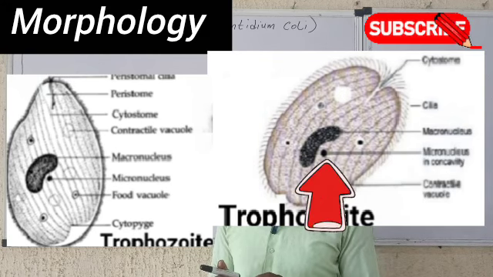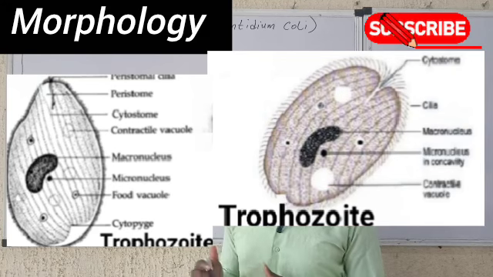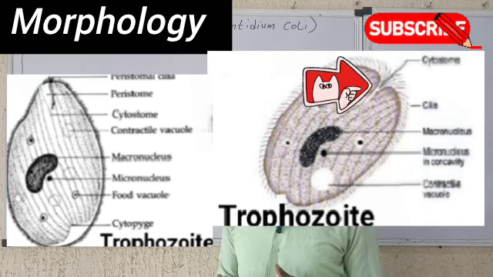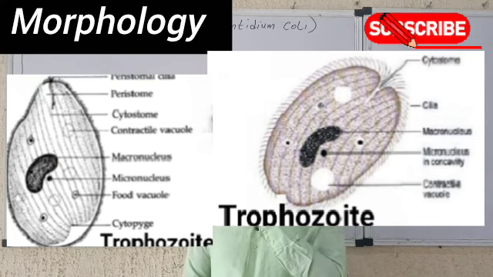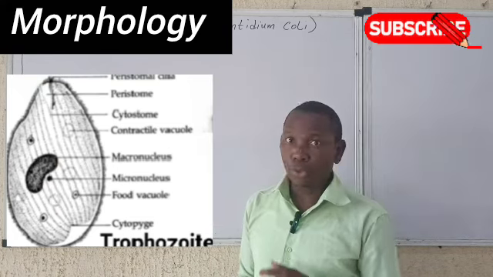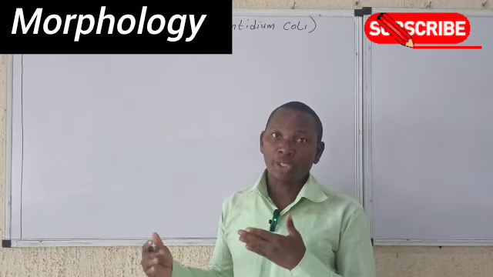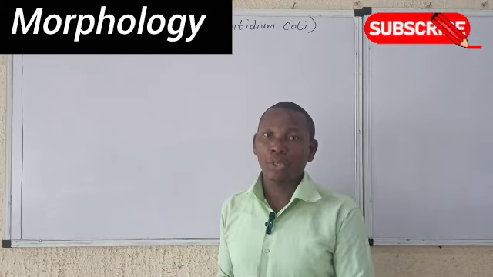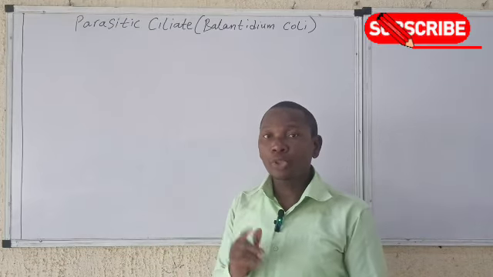Micro, small; macro, large. You can see that the anterior side possesses the cytostome, while the posterior side possesses the cytopyge. Please take note of that. You can also note that the cyst form possesses the micro and macro nucleus, as well as a thick protective covering.